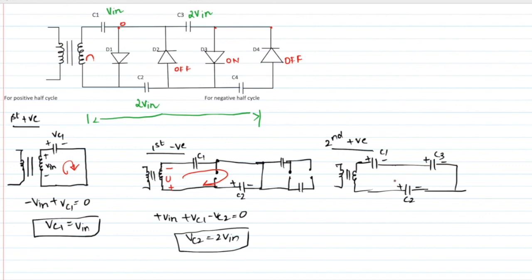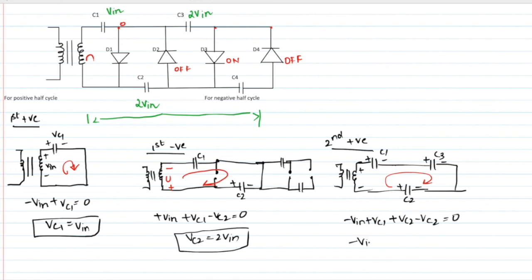Applying KVL, you are applying positive, so plus minus. Minus V in plus Vc1 plus Vc3 minus Vc2 equals 0.